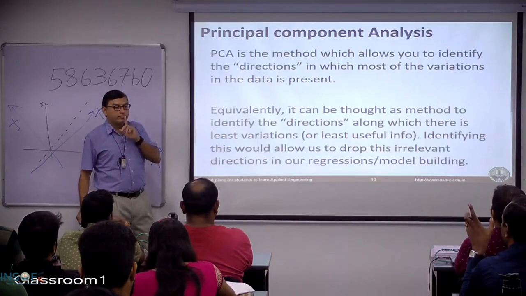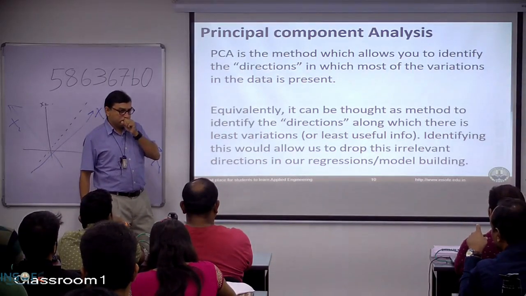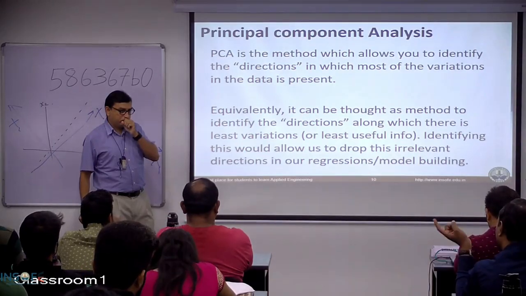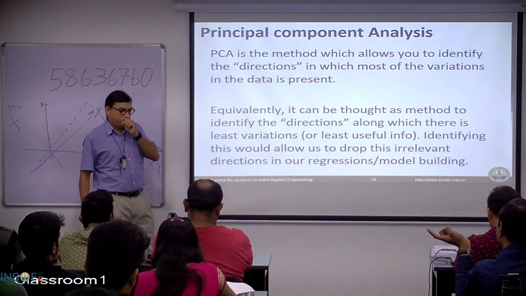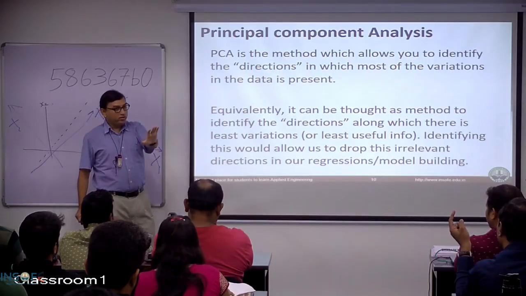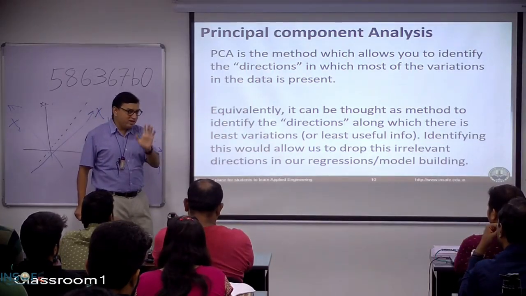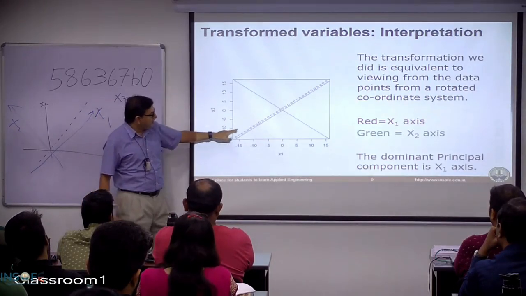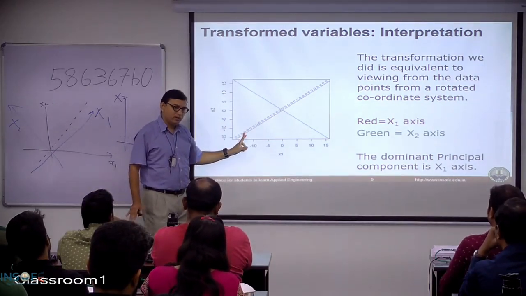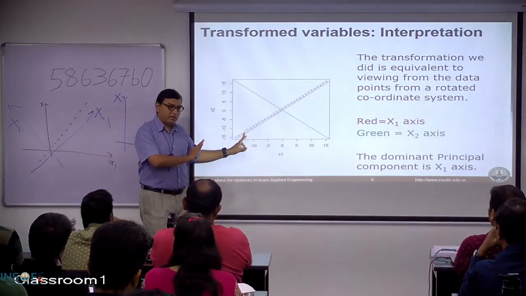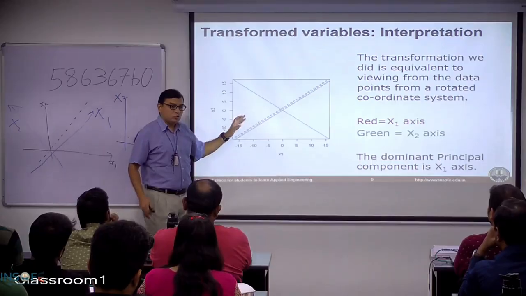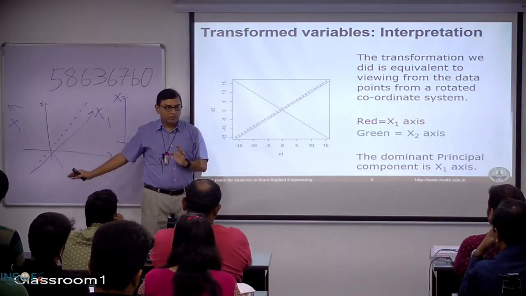Now, having least variation doesn't mean that it's not having impact on the target variable, right? Good point. We will come there. Generally speaking, in this case, there is no variation at all along this direction, so there is no way it can impact the target variable.